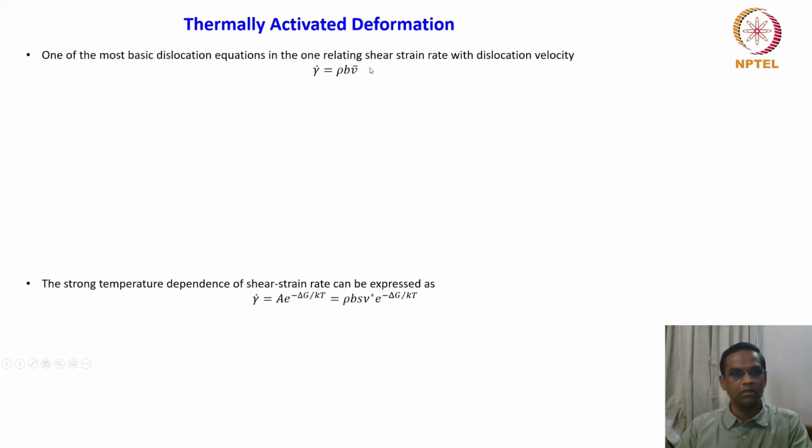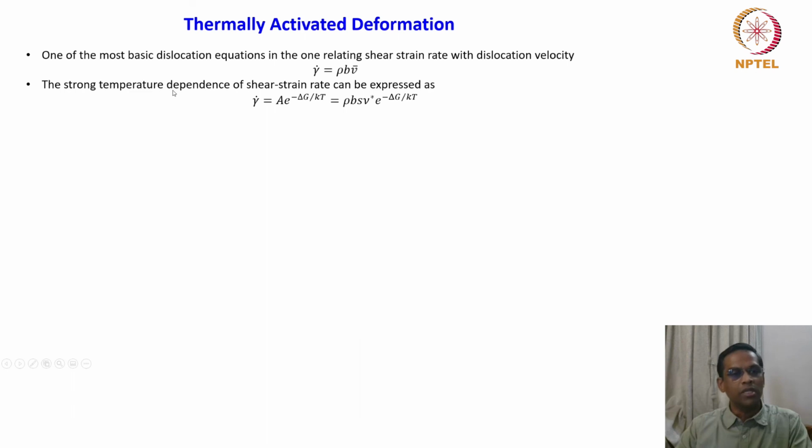The strong temperature dependence of shear strain rate can be expressed as gamma dot equal to A times e to the power minus delta G by kT. If you relate these two, gamma dot can be rewritten as rho b s times v star times exponential of minus delta G by kT.